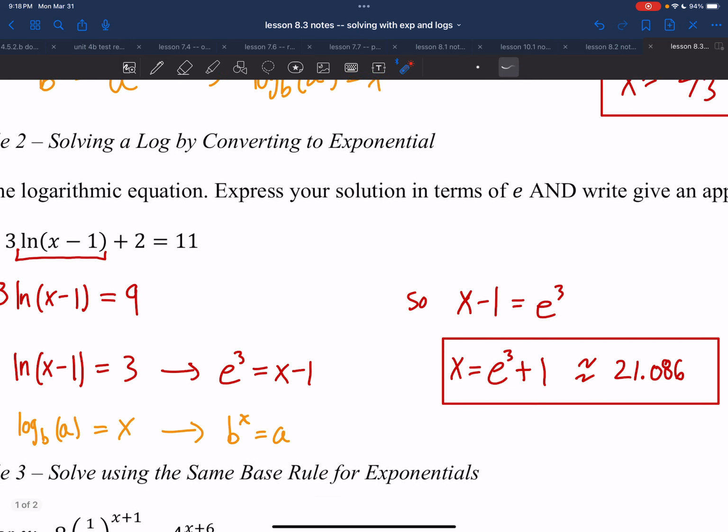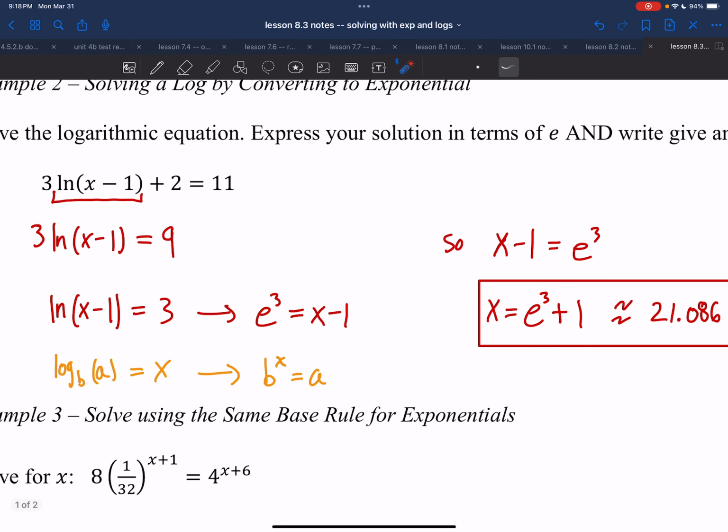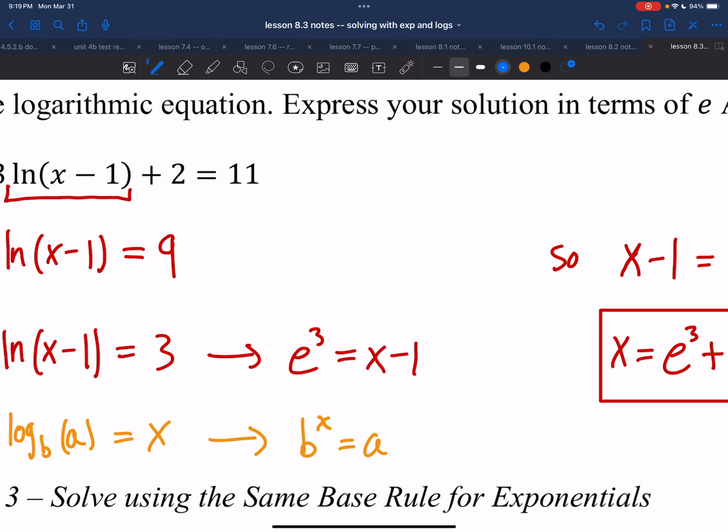Where this might matter a little bit is the logarithmic functions. Because logarithms have a particular domain. You see, natural log of x has a domain of x greater than 0. Okay?